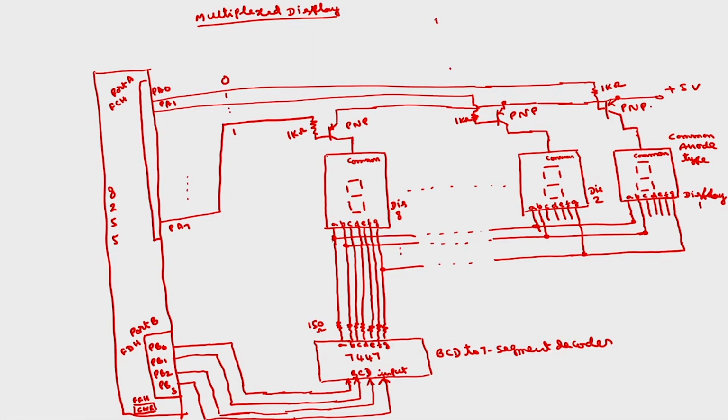In port A we send PA7, PA6, PA5, PA4, PA3, PA2, PA1 and PA0, with all ones except PA0.